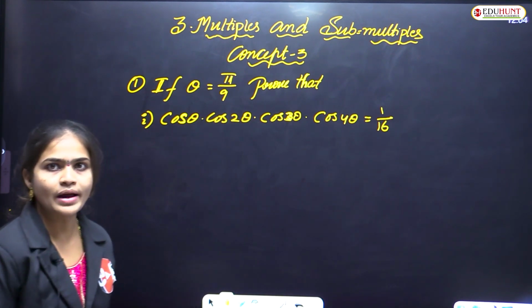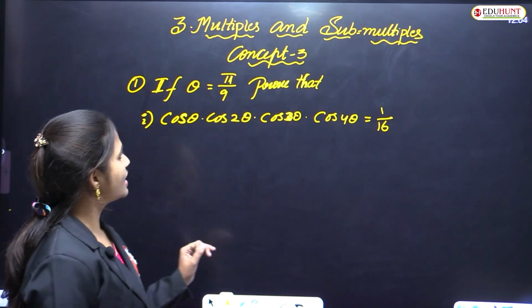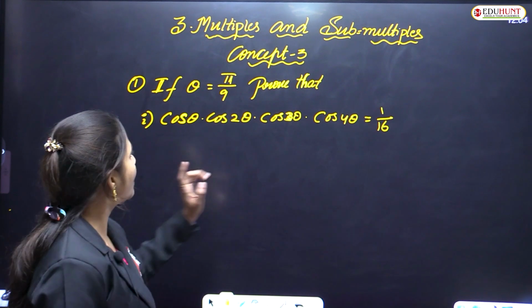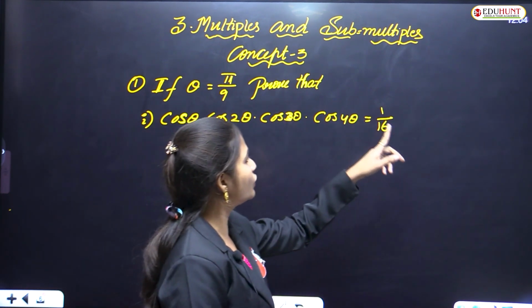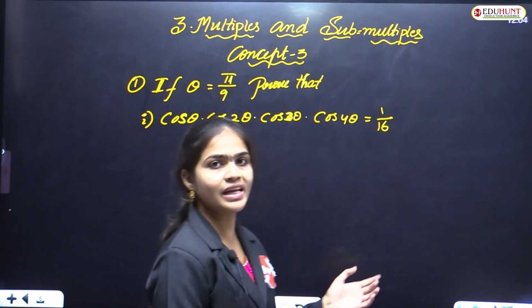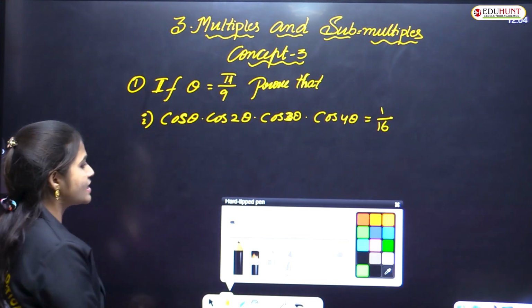So children, this is the first proof. We have to prove that cos theta into cos 2 theta into cos 3 theta into cos 4 theta is equal to 1 by 16. Let us see that.